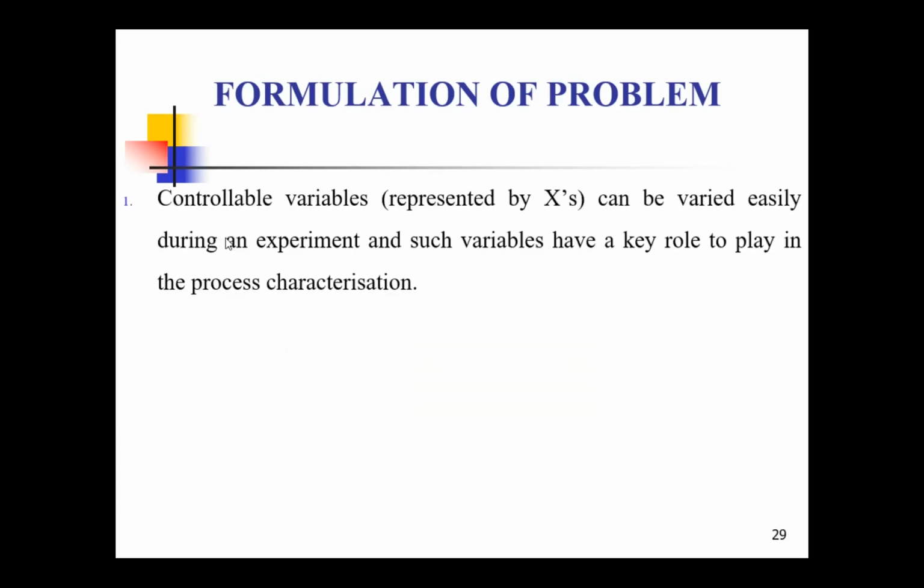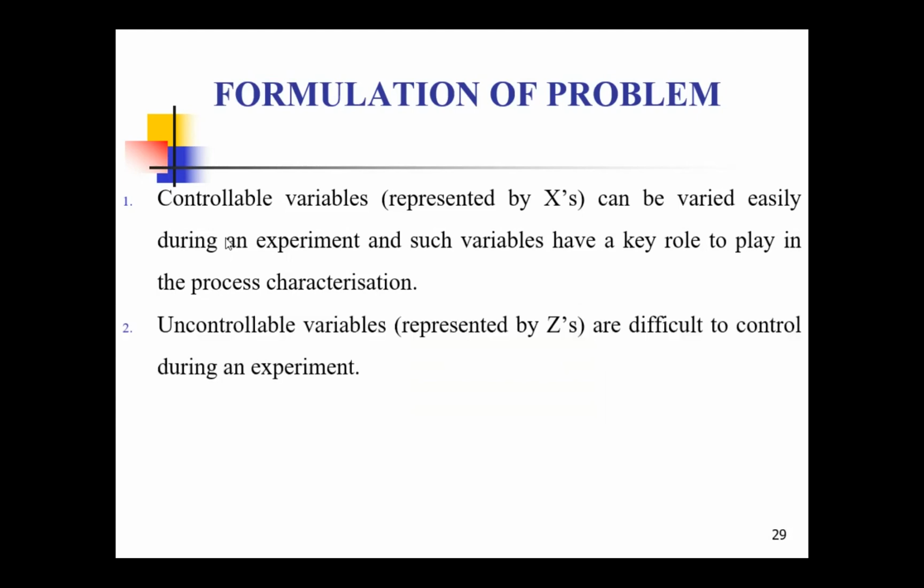The controllable variables can be varied easily during the experiment, whereas the uncontrollable variables are very difficult to control during an experiment. So we should identify all the uncontrollable variables and keep them within a limit. That is very essential in doing an experiment.